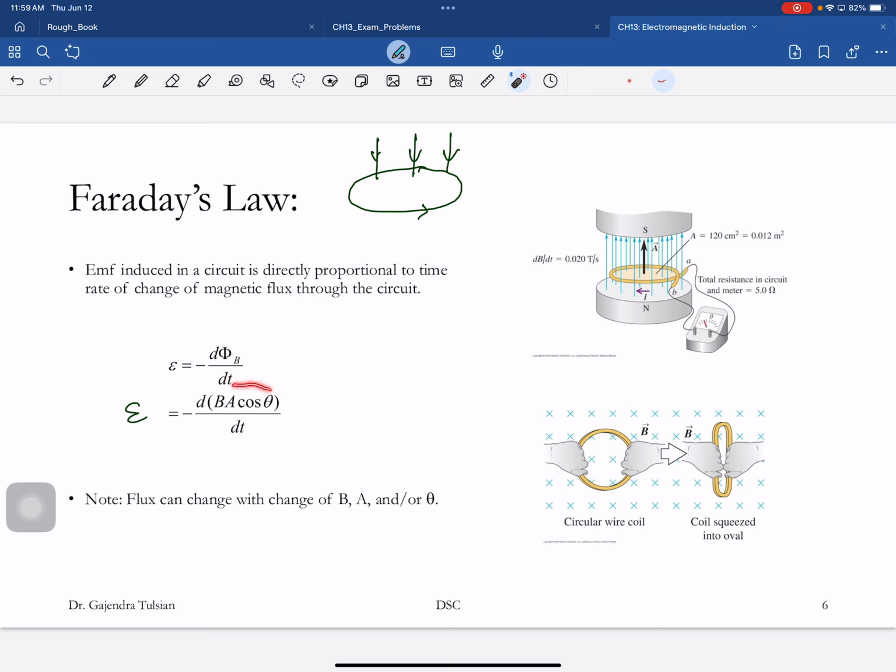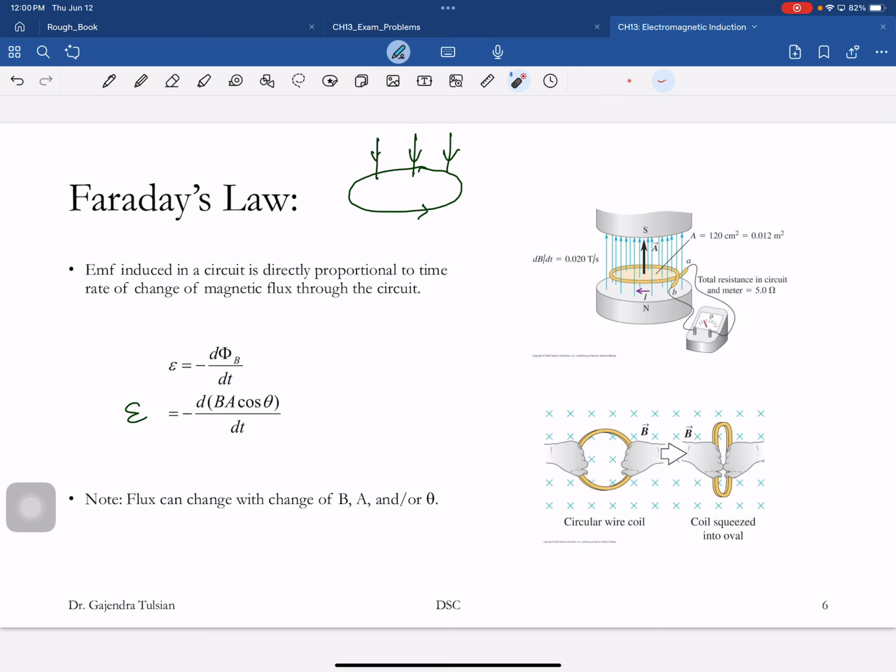As long as this is non-zero, you have an induced EMF. So let's say we don't want to change B, but we can change the area, and the flux changes. How do you change the area? You can go back and forth like that. You'll have an induced EMF in this loop.